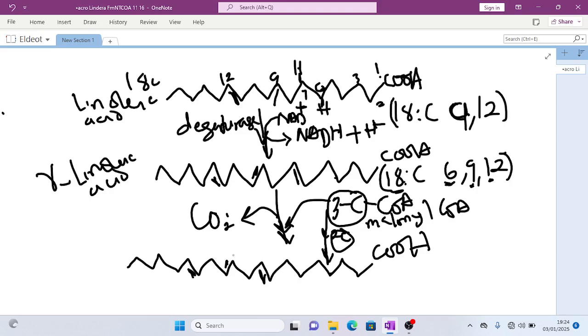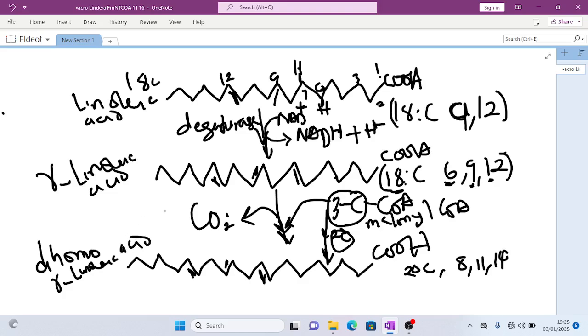So this compound here, which is a 20 carbon organic compound bearing unsaturations from 8, 11 and 14, is called dihomogamma linoleic acid.